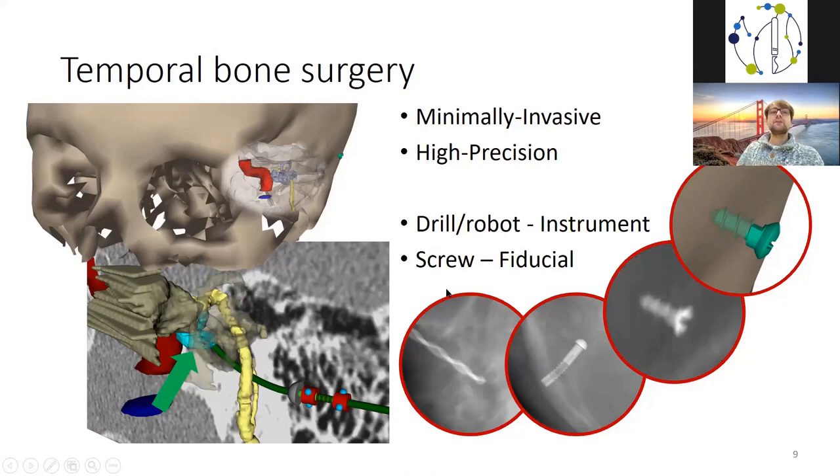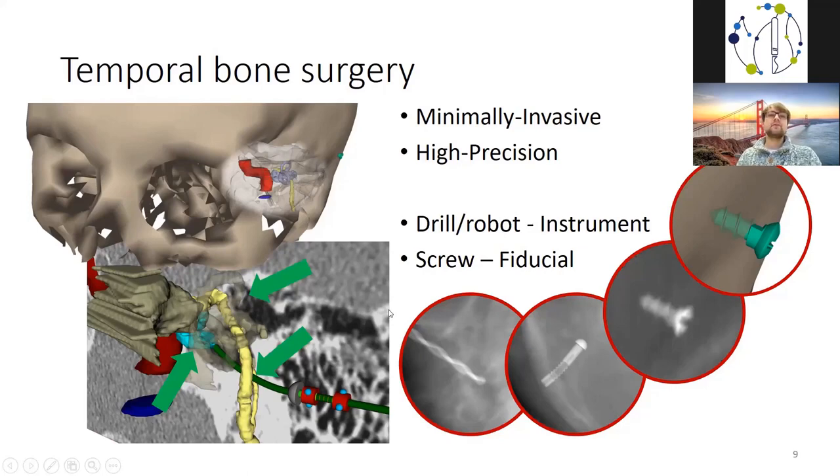And if we look at this problem, we can see that we're trying to go to the cochlea, which is pointed at with this green arrow, or we're trying to go through the labyrinth. So it's kind of through this circular thing here. And one of the most critical points to go through is this facial recess, which is this gap between those two nerves. And this is a crucial bit that leads to high precision requirements.